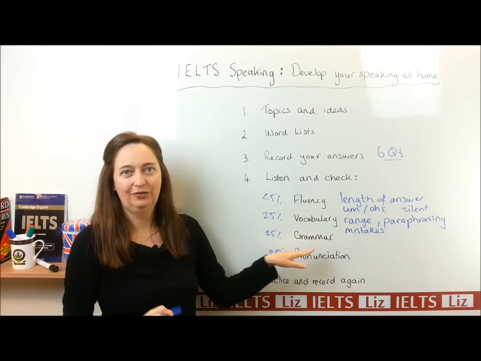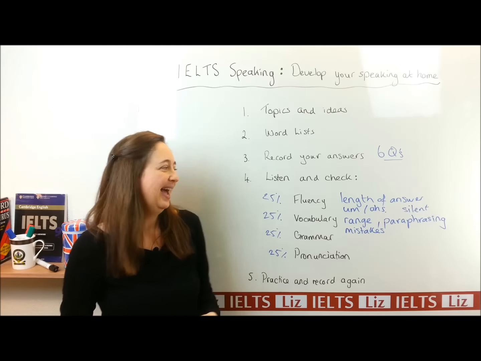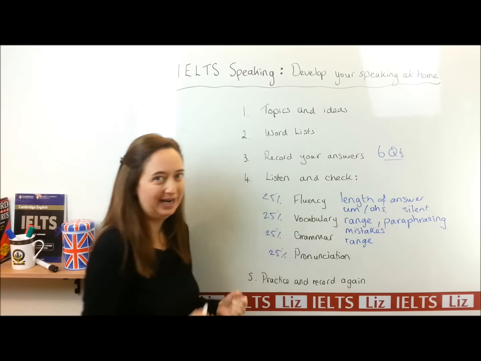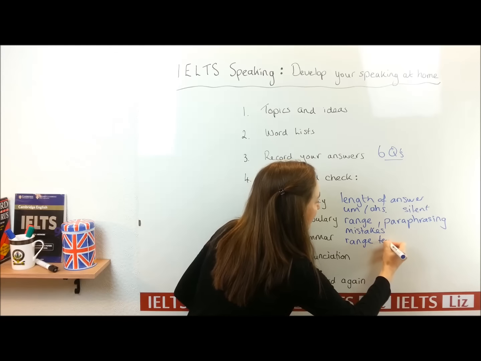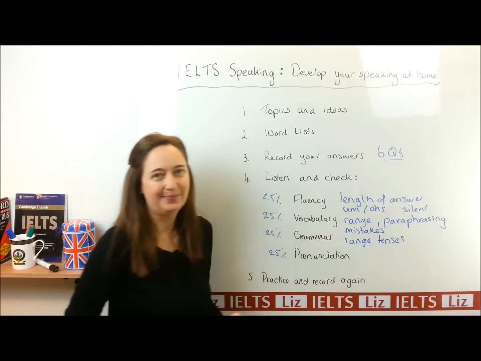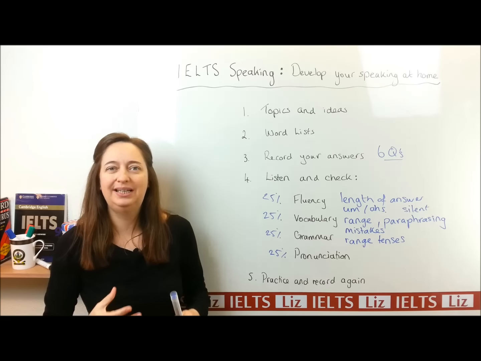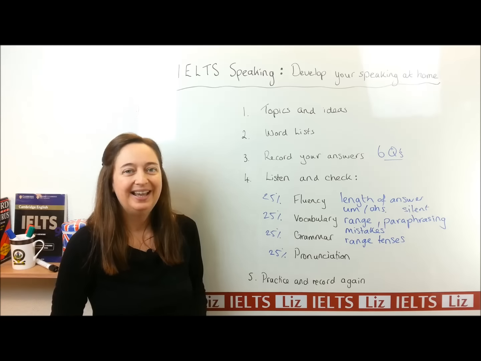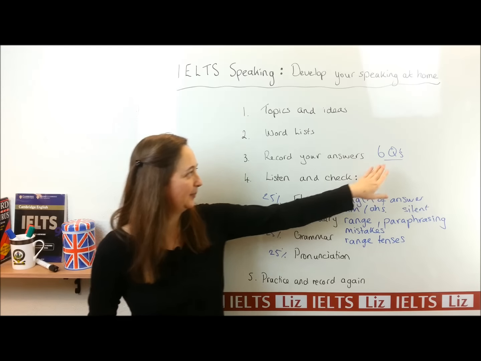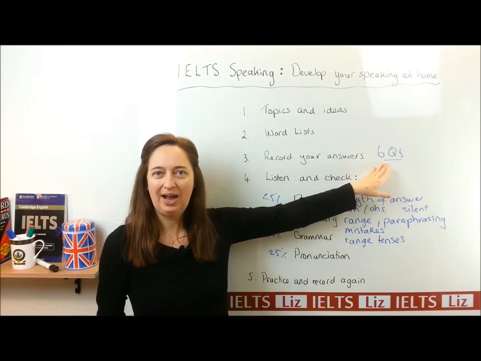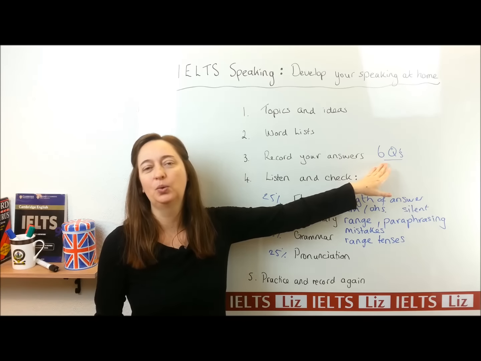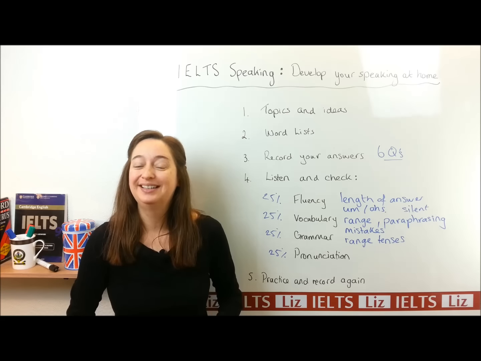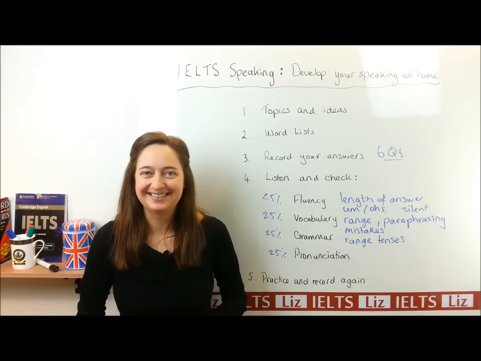Another thing to look at, of course, is grammar. And with grammar, you need to check, again, the range. So, for example, the range of tenses. Are you giving only present simple? Now, I know maybe the 6 questions that you have are present simple questions. But that doesn't mean that you can't give another tense.